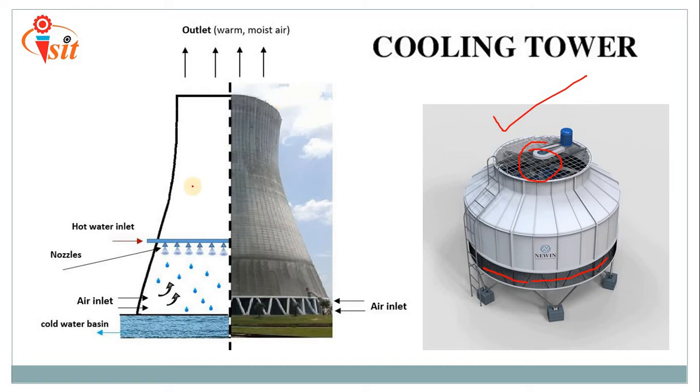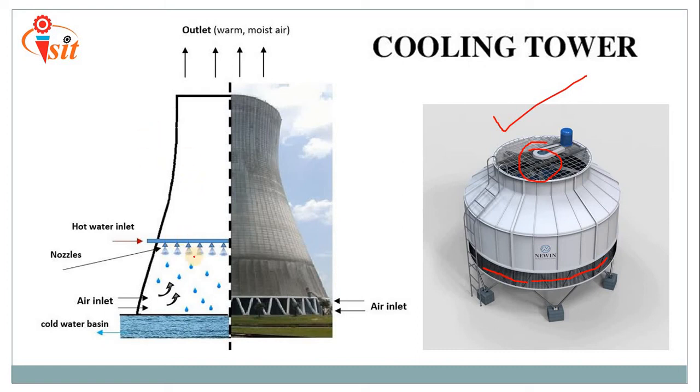Okay, so the water enters the condenser section, and from the condenser the water gets warmed, and that warm water again comes in contact with the cooling tower. The cooling tower absorbs that energy, the water gets cooled again, and that cooled water is circulated throughout the condenser. Such a process goes on continuously.